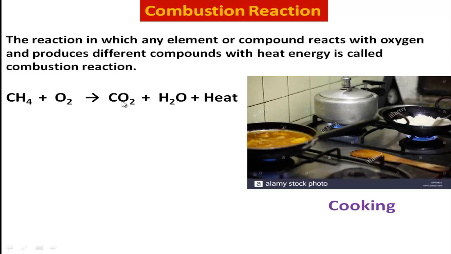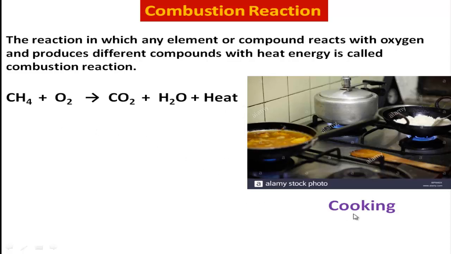These are gaseous substances, carbon dioxide gas is a colorless gas. Water vapor, or steam, is also colorless. For this reason we just see vapor produced, and there is produced a huge amount of heat, and by using this heat energy actually we cook food.